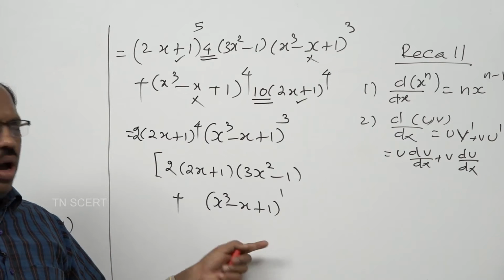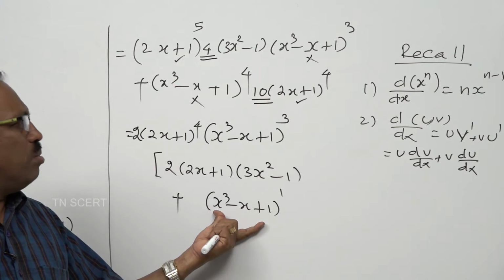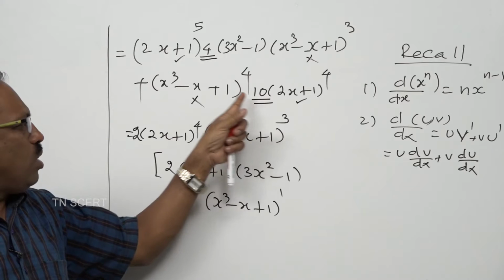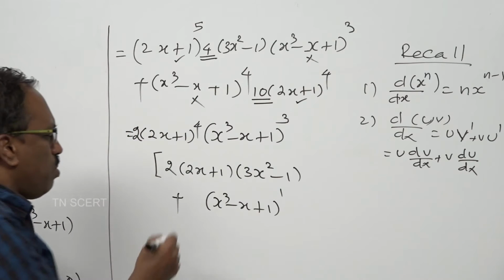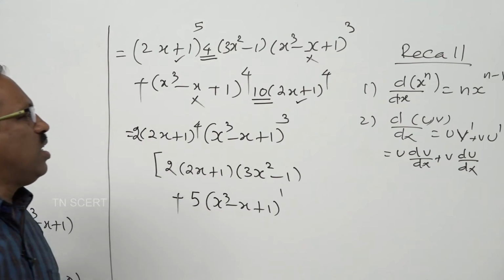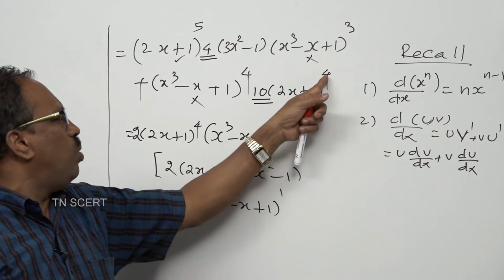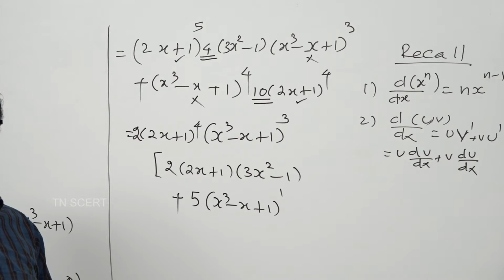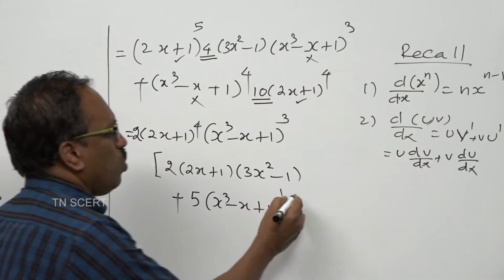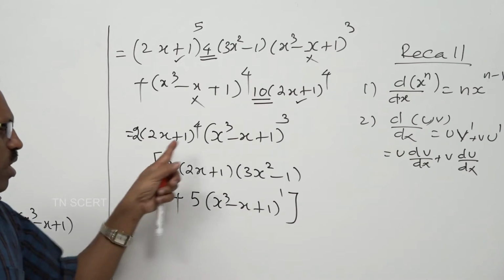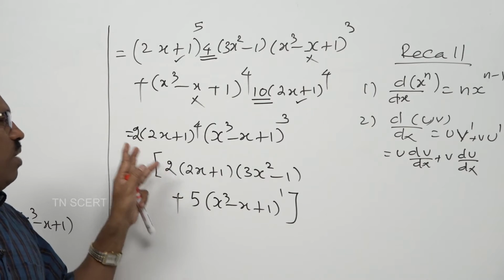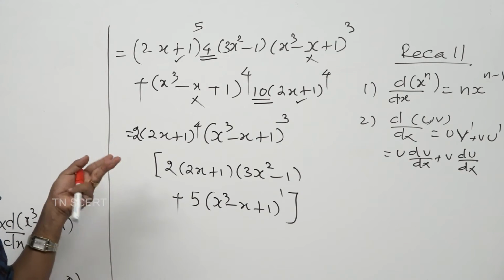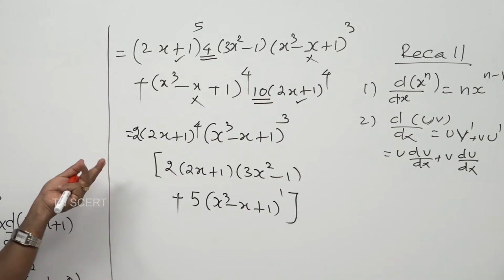So I have just taken only this number. And out of 10, 2 we have already taken out, that means 5 we have to insert. And 2x plus 1 whole power 4, here also 2x plus 1 whole power 4, so no term exists here. So with this part only we have to simplify. After doing this simplification, we will get what we are supposed to get.